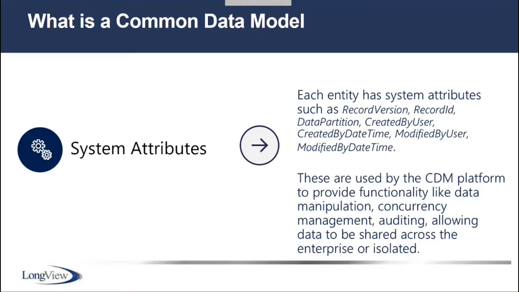So in our system, we may not utilize the common data model for, say, record update information because we want to have a separate audit track in CRM and a separate audit track in our financial product. Or we can say we want to have across-the-board audit functionality where we track all record manipulation in our global system, and we can utilize the system attributes of the common data model to do that as well.